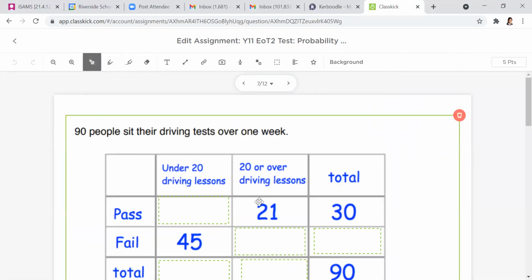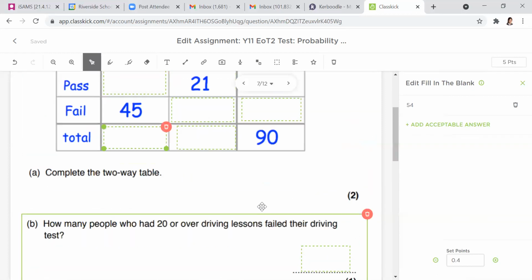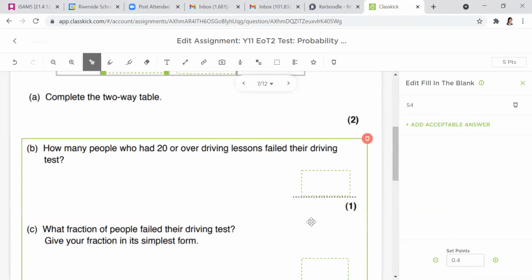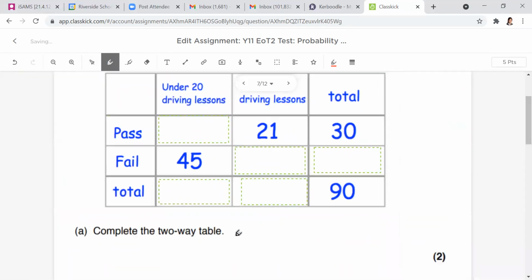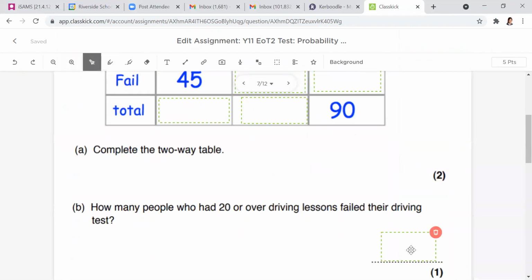Cool. This table was filled in very well. Everyone got this one correct pretty much, I think. 9, 15, 60, blah, blah, blah. Okay, how many people had 20 or over driving lessons failed their driving test? So that means you have to look at 20 or over driving lessons and fail. So this box here. It's a small number.